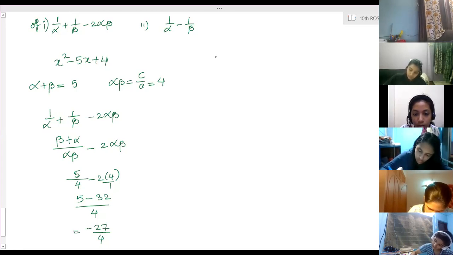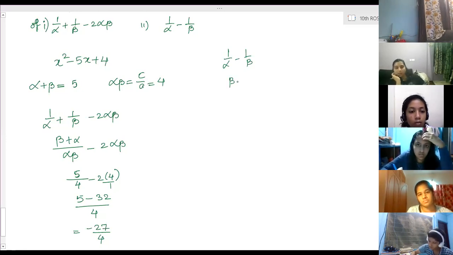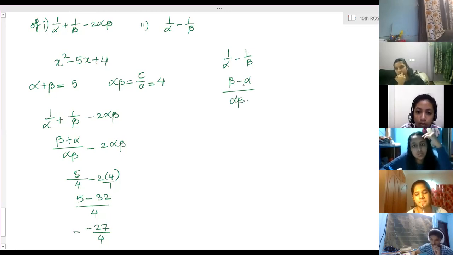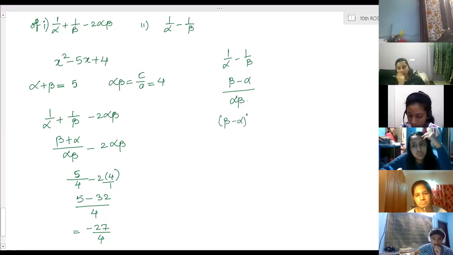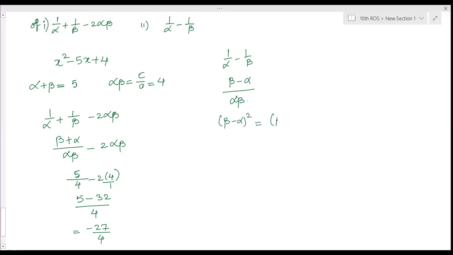Now in case of 1 by alpha minus 1 by beta, if you simplify this, you will get beta minus alpha by alpha beta. Now how to find out beta minus alpha? Here you have to use the identity: beta minus alpha whole square is equal to beta plus alpha whole square minus 4 alpha beta.